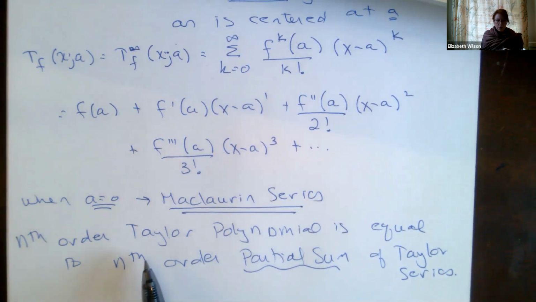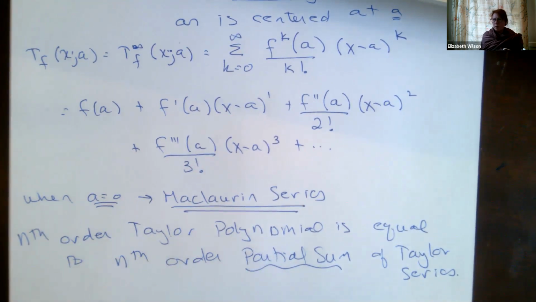So when we say, oh, do the third order Taylor polynomial, that's the third order partial sum of our Taylor series. Okay, so imagine a Taylor series is an infinite series. If I want a third order, that's a partial sum of an infinite series. Okay.